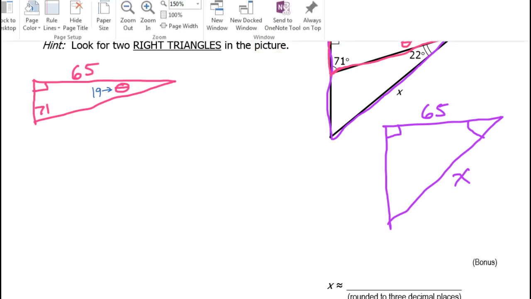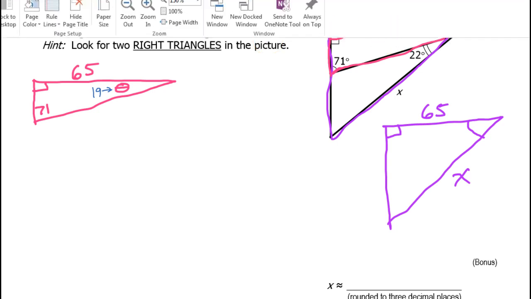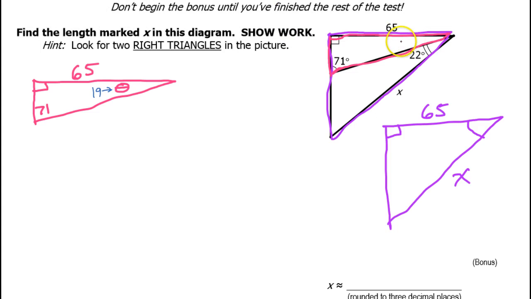Okay, so looking back at the picture, that's this angle right here, and I now know that this angle is 19. Now if I put these two angles together, then that will tell me what this angle is.